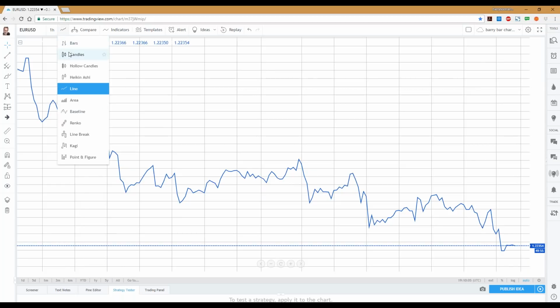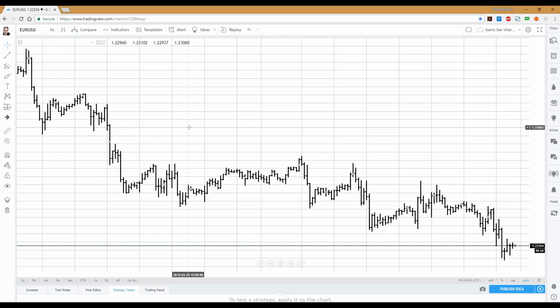But what you get to do is you get to see the open, the high, the low, and the close for each period. So now we're looking still at the euro US dollar for a 1 hour chart. And each one of those bars represents the open of that period, the close or the end of that 1 hour, the highest price that that asset had reached in that 1 hour, and the lowest price.